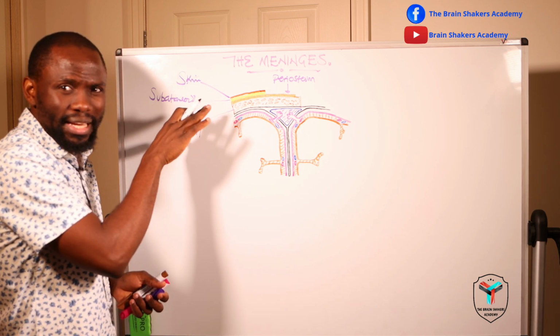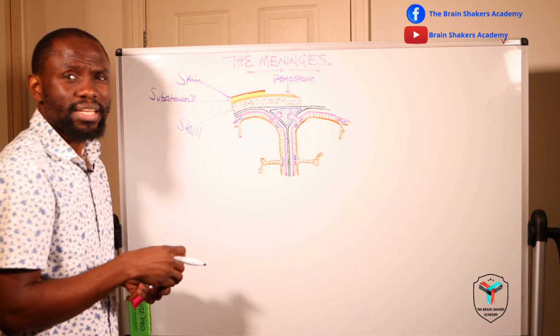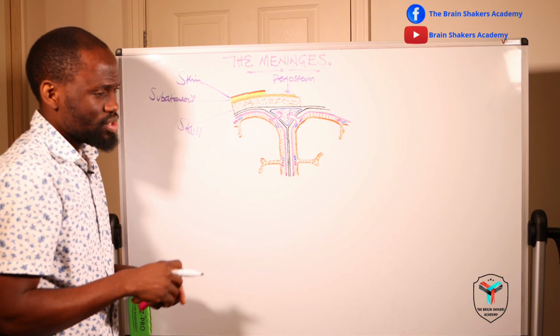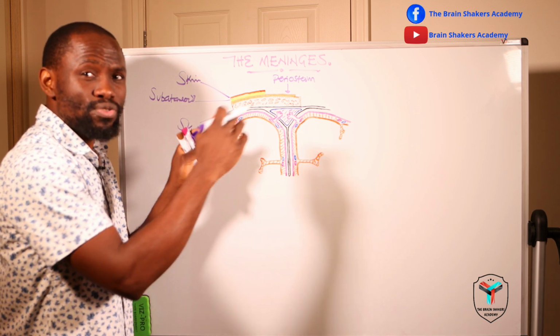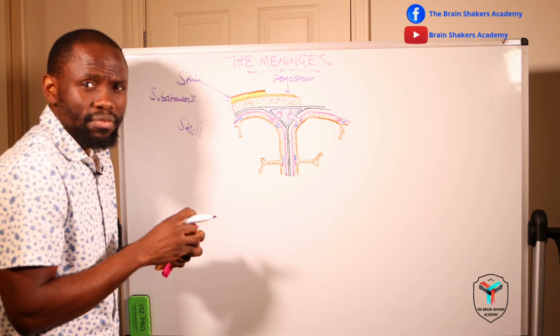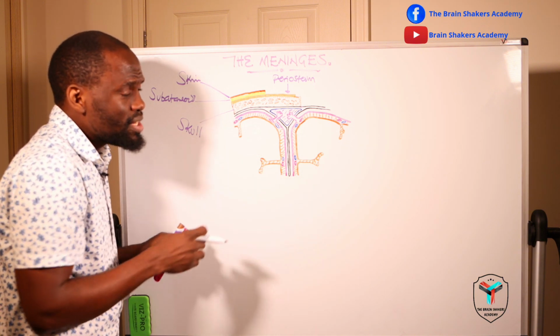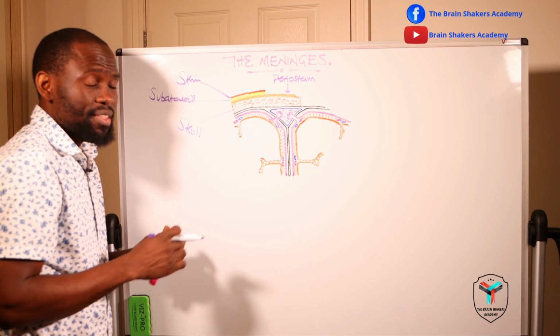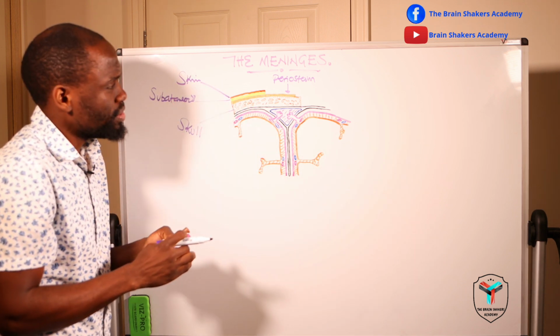So those are the layers that you will have to encounter before you can actually get to the meninges. The meninges, in as much as their function is to protect the brain, to form a cavity around for the flow of the CSF, and also to support the blood vessels within the subarachnoid space, are also covered by a number of other layers on top.